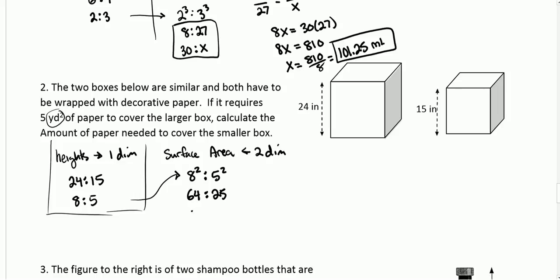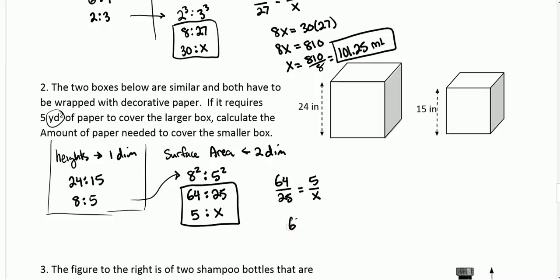So I'm going to put 5 first because we're going large to small in this problem. And we're looking for how much paper is for the smaller. So here I'm going to take these two ratios, set up a proportion. 64 over 25 is equal to 5 over x, and cross multiply.